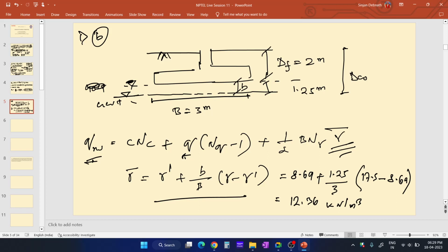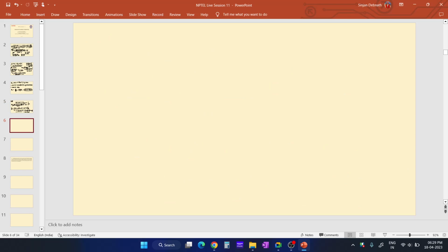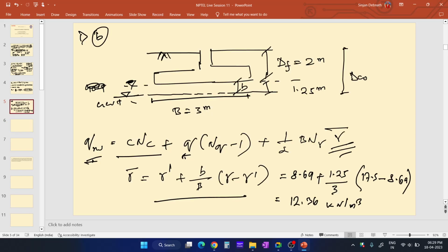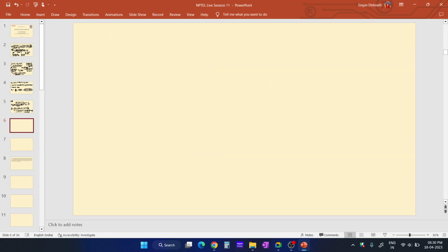We need to use this equation to find the net ultimate bearing capacity. We have the value of C, we know the values of Nc, Nq minus 1, we have everything. So we just need to put the values of all the parameters into this equation. So qnu is how much?